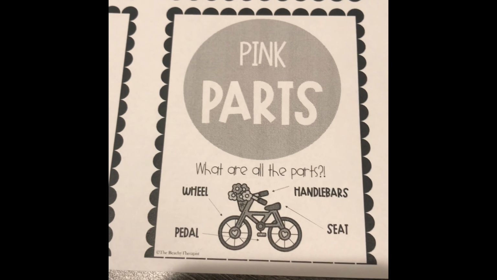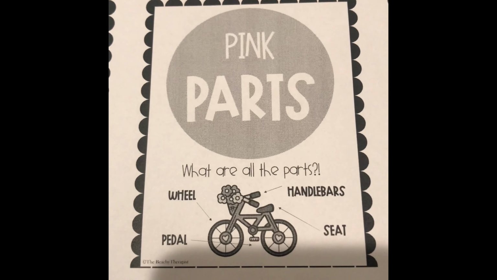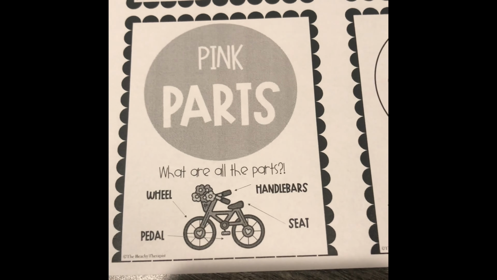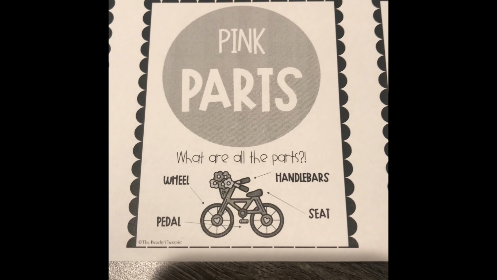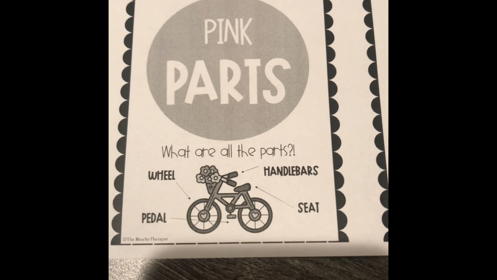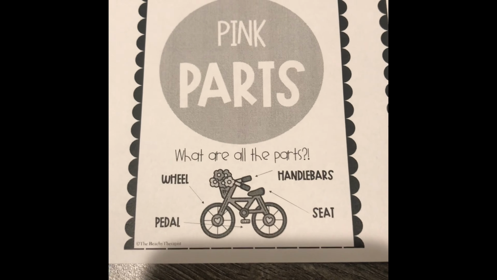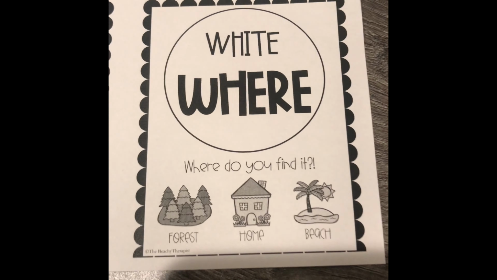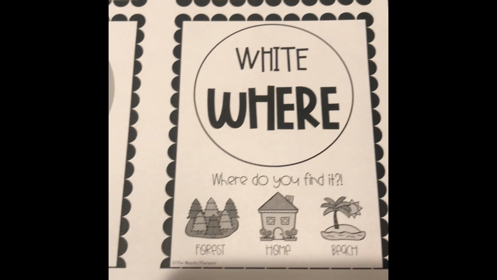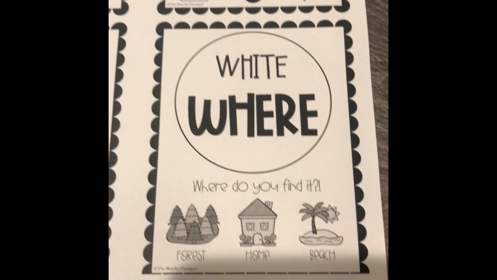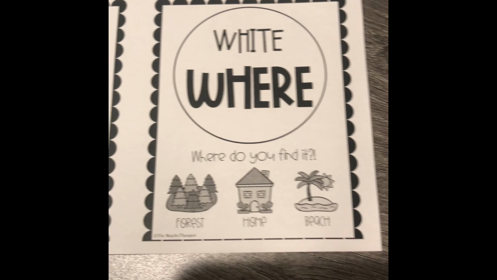Next we have pink parts. This is great too. So for my example of a dog, if I'm trying to guess the item on my forehead and it happens to be a dog, the parts of a dog could be the tail, the fact that it has 4 legs, and a wet nose. And then lastly, we have white where. This is great too because this helps us figure out where we can find the item or object that is on our card.